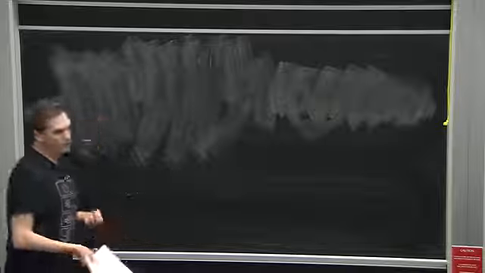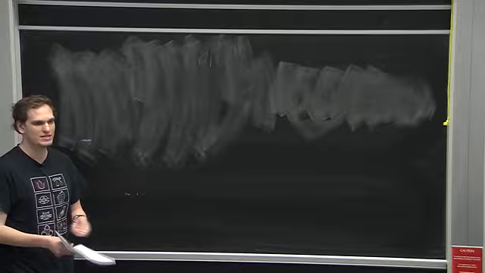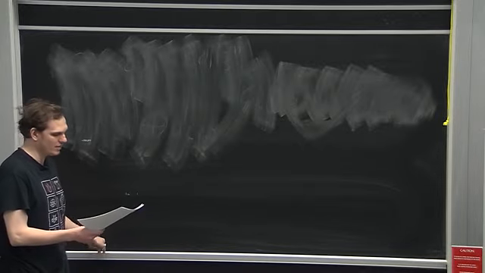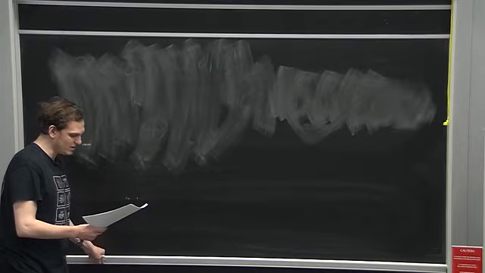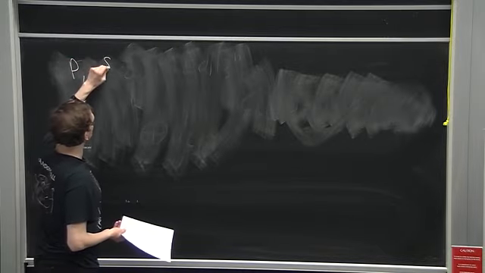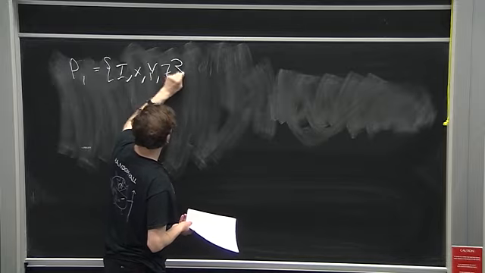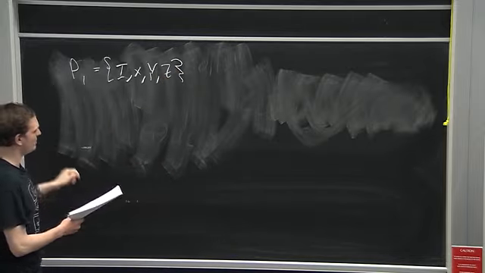So we're all familiar with the Paulis I, X, Y, and Z, and I'm going to ignore phases everywhere except where they particularly matter. So P1 is a single Pauli, so it's I, X, Y, Z. Let me know if you can't read something that I write.